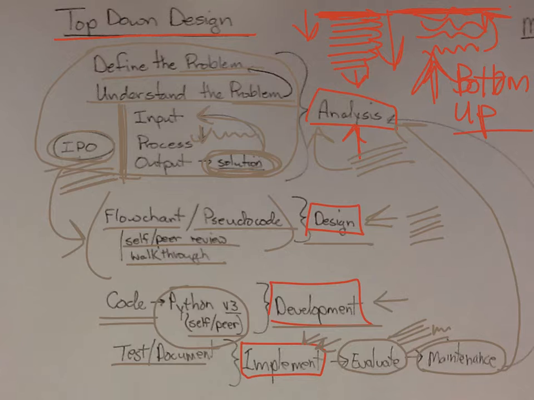Okay, so this is really a cycle. I'll do it in green. You start up here, you get your software working, and then you do an analysis of it and make adjustments, and you keep making a circle until the software becomes obsolete, and then you start over from scratch up here.